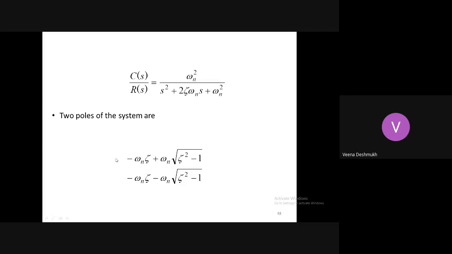The two poles of the system from this equation are S1 and S2. Here you can see one is with a plus sign, the other one is with a minus sign. Because the R and C components are equal in nature, the values are going to be the same, but one is with a plus, one is minus.